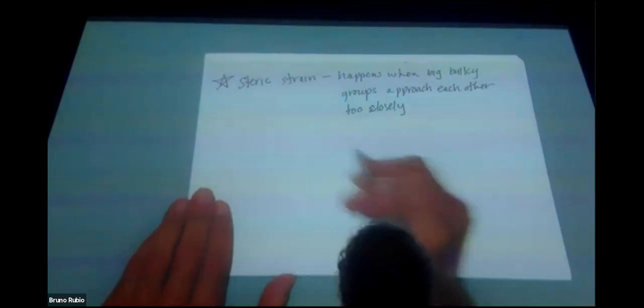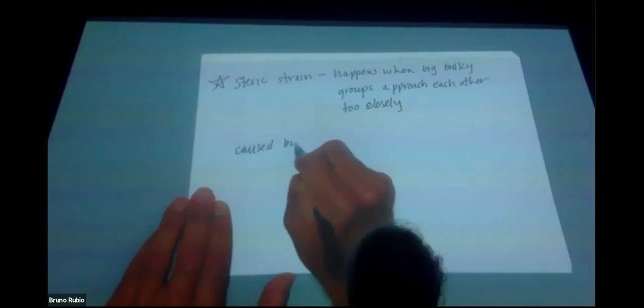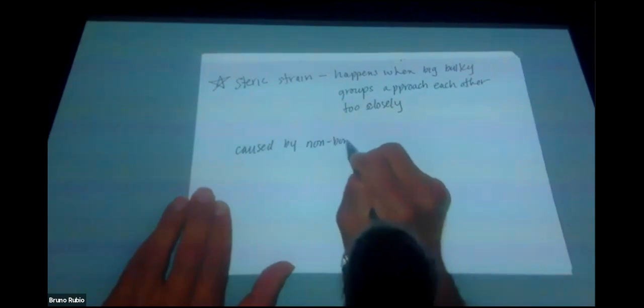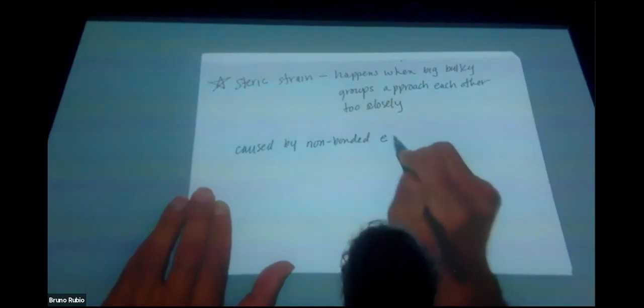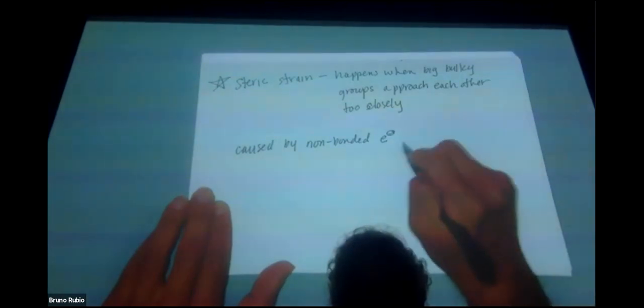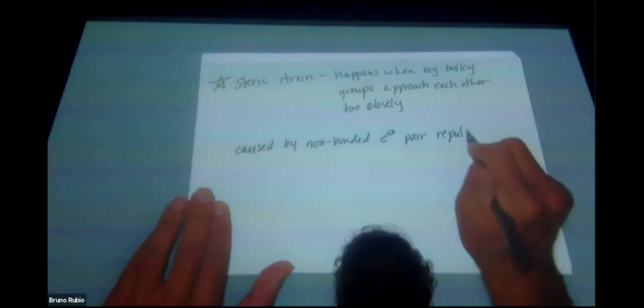This is caused by so-called non-bonded electron pair repulsion.